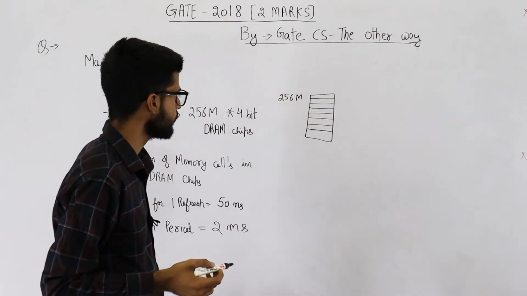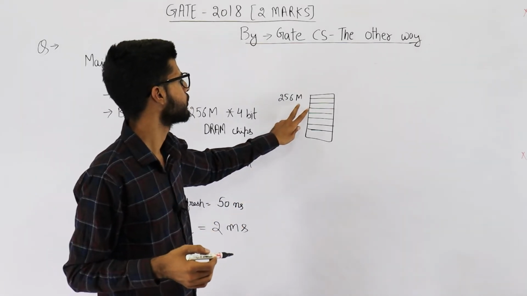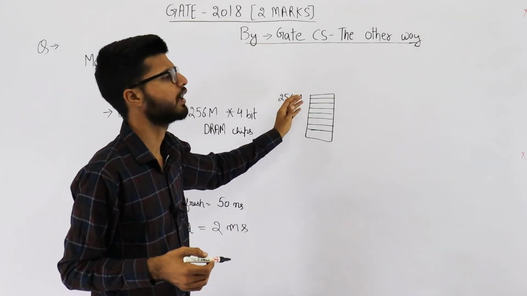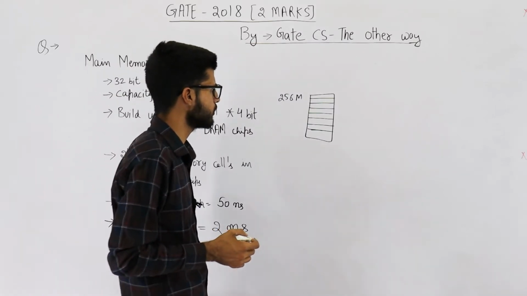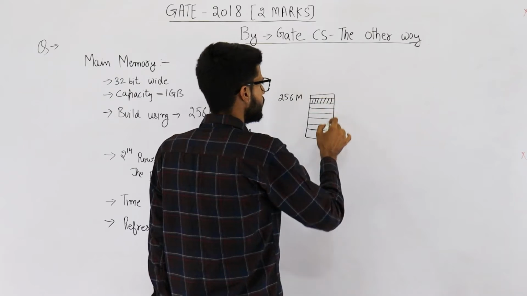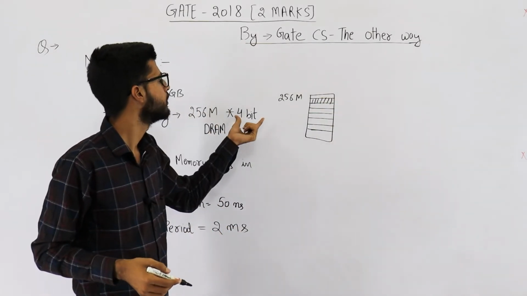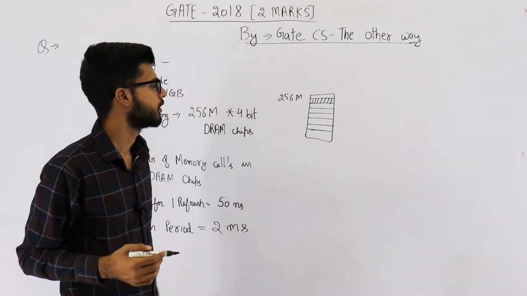M you very well know is 2 raised to the power 20. So it is 2 raised to the power 28 locations. Also, one such location will be of 4 bits. So this is number of locations, and this is size of one location.